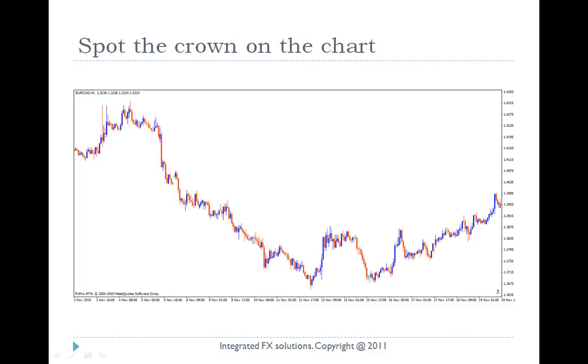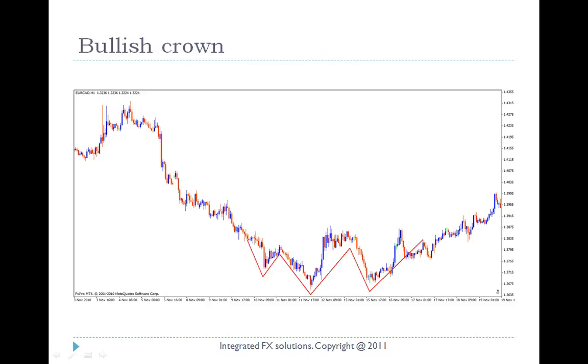Once you can understand the trend analysis, the change from lower low to lower high and lower high to lower low, you will not have problem spotting a crown. Here is the crown on the chart. This is a bullish crown. It changed the trend from bearish, as seen on the chart, to a bullish trend.